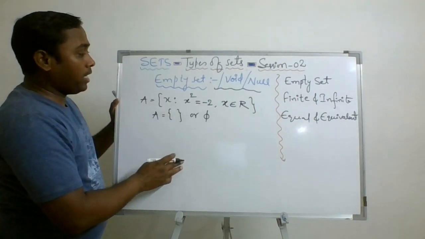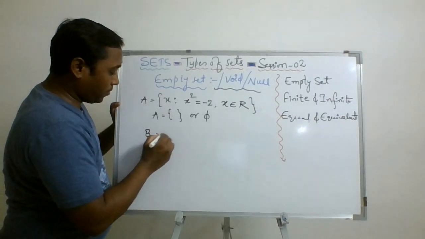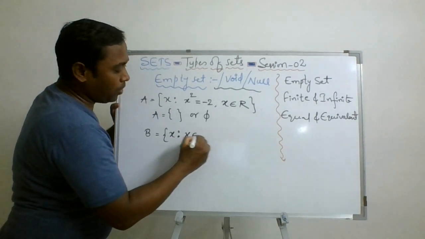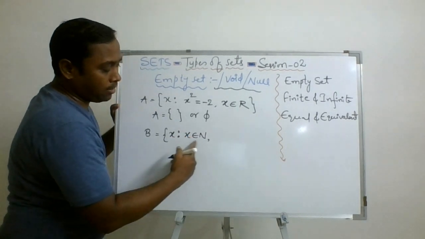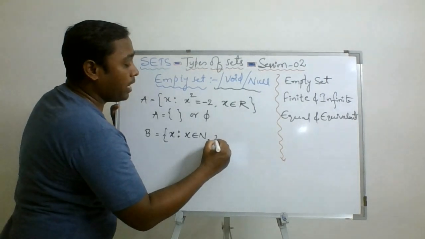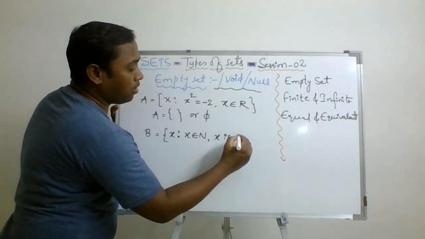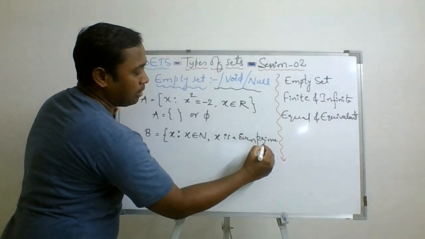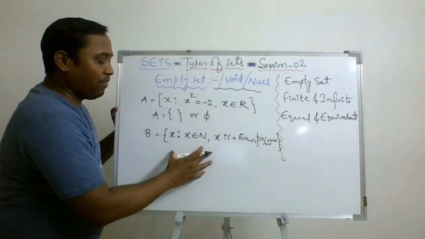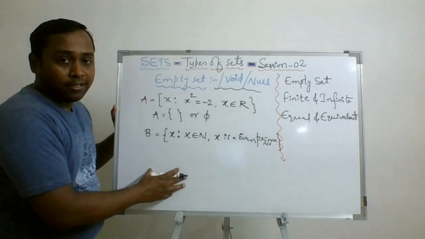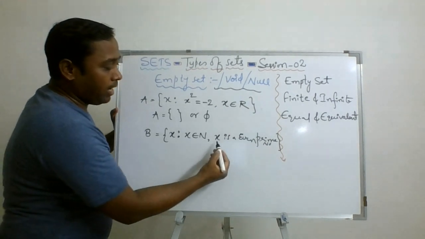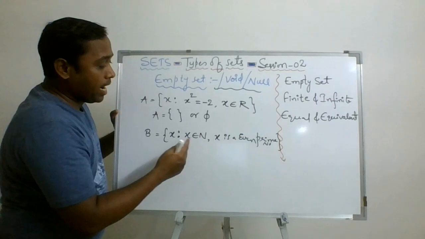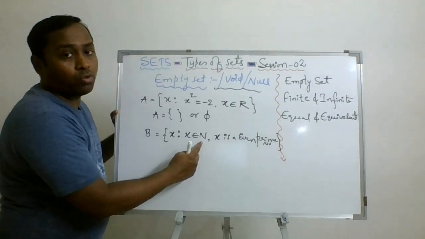Then if I take another set, {x : x belongs to natural numbers, where x is an even prime number}. Can we say whether it is an empty set? Let's check. x is an even prime number. What is an even prime number? That is 2, and 2 also belongs to natural numbers.